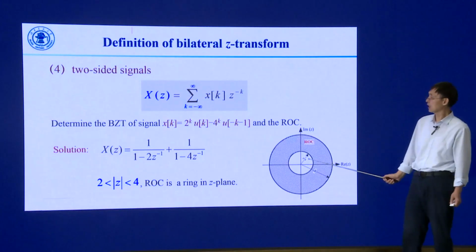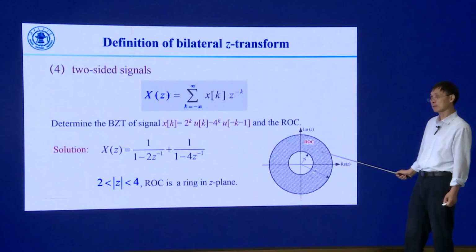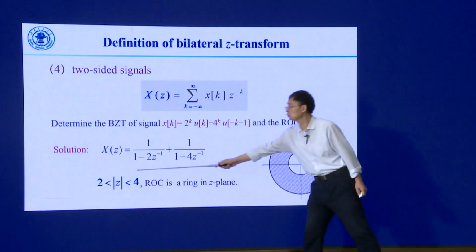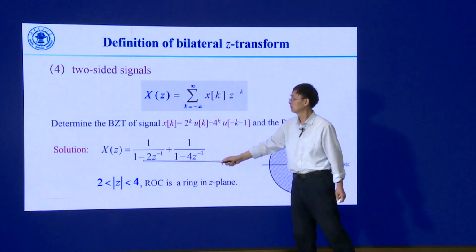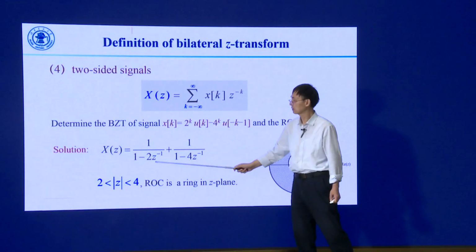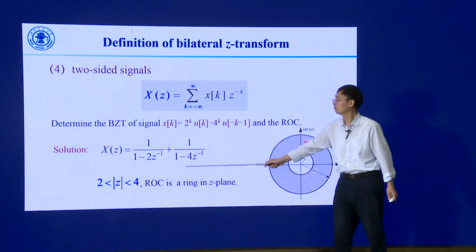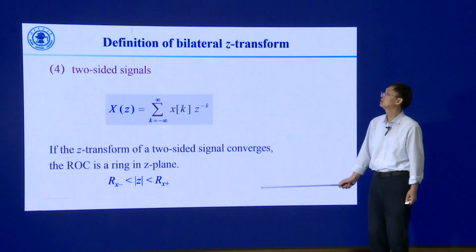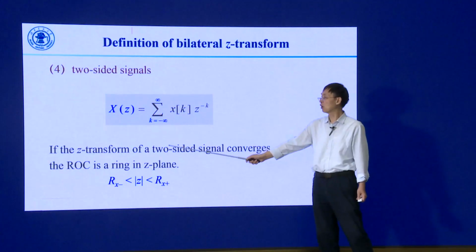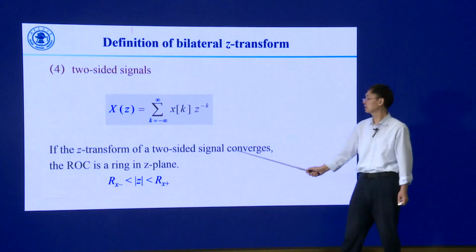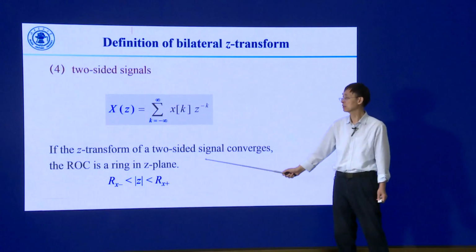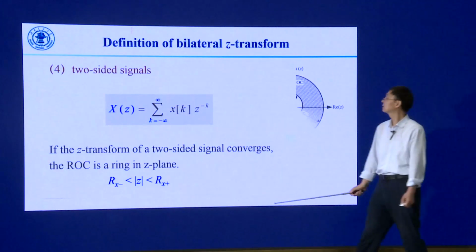The ROC can be expressed in this picture. Here 2 is the pole of this fraction. 4 is the pole of this fraction. If the Z transform of a two-sided signal converges, the ROC is a ring in Z plane.